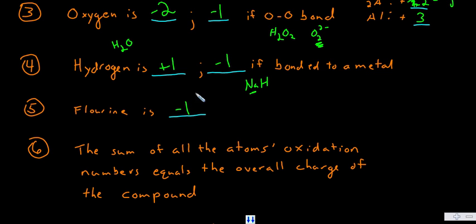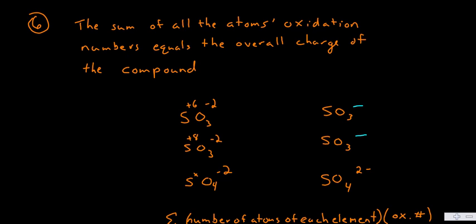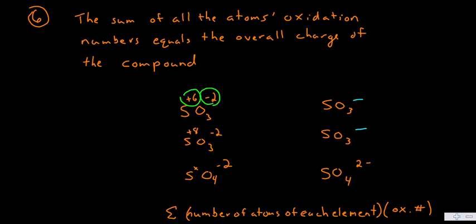And finally, the most detailed one, the sum of all the atoms' oxidation numbers equals the overall charge of the compound. So consider that sulfur, in sulfur trioxide, has an oxidation number of +6. And oxygen has an oxidation number of -2. Now, we can create an equation for that rule.